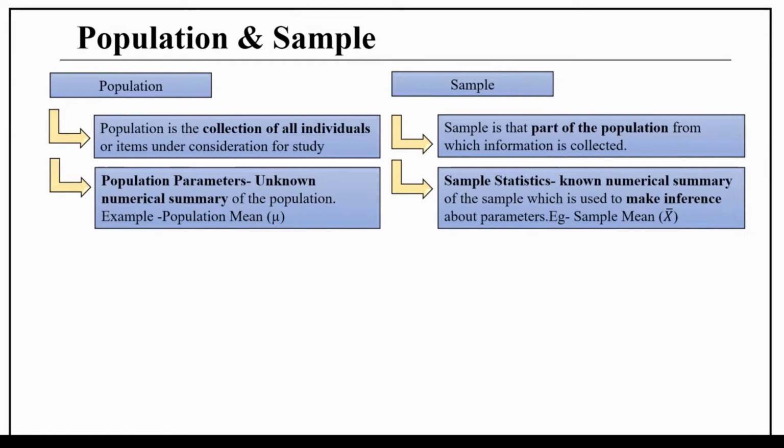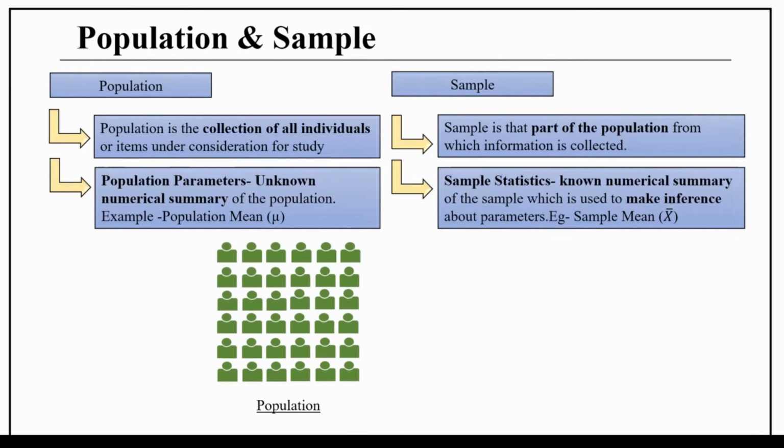Now let's understand this concept of population and sample with a diagram. First, we will take a collection of individuals under consideration for study, that is what we call population, and it is defined by its parameters, that is population mean and population standard deviation, which are unknown.